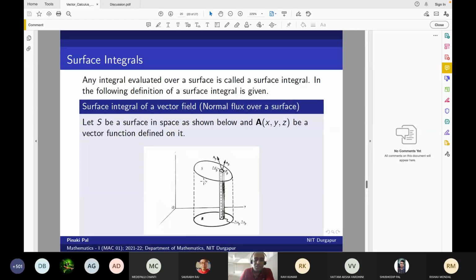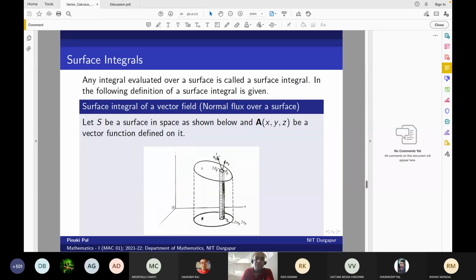Now this is your S, and as I mentioned earlier, we will divide this region into finite parts, and delta S is a representative part. It is taken at a point P, and the outward or positive normal is taken in this direction. P is basically any considered point inside this region delta S_P.